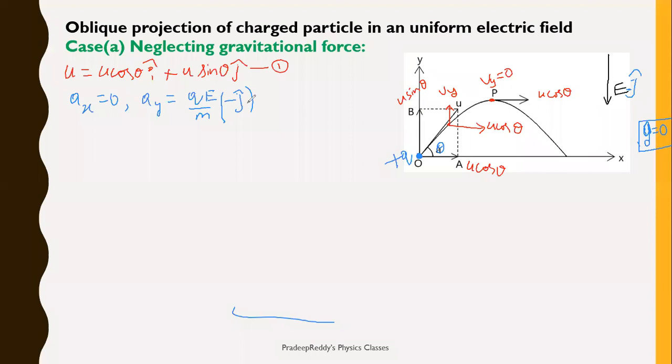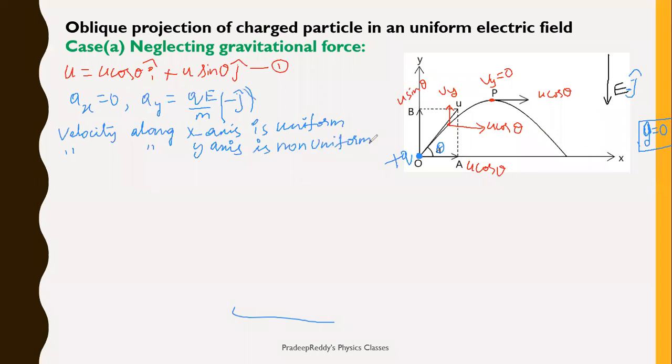So as acceleration along the x-axis is equal to 0, what happened to the x component? Velocity along the x-axis is uniform, and velocity along the y-axis is non-uniform.